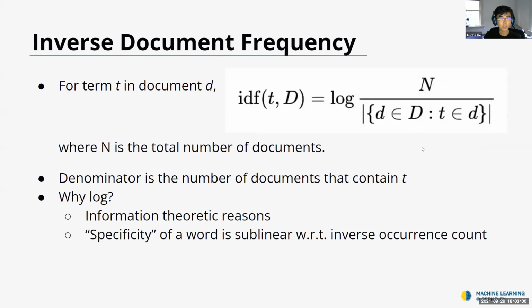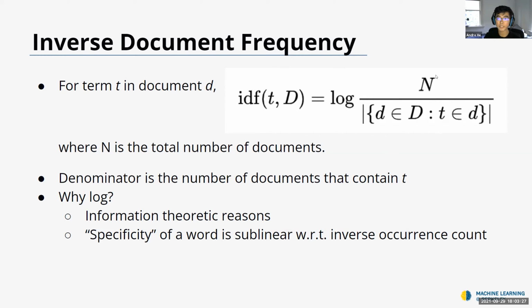Going over the actual formula for inverse document frequency: document frequency just means how many documents out of all the documents your term appears in. So if it appears in half the documents, then the document frequency would be 0.5.